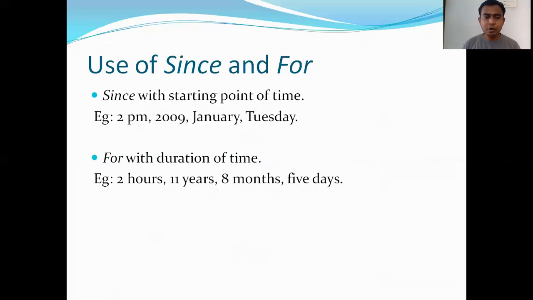But when we talk about for, we use it to talk about duration of time. Duration of time means from what time to what time the action was going on. Like for example, 2 hours, 11 years, 8 months, 5 days. So since is used to talk of the starting point of time. For is used to talk about duration of time.